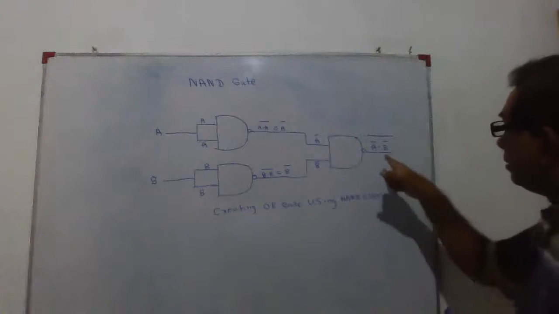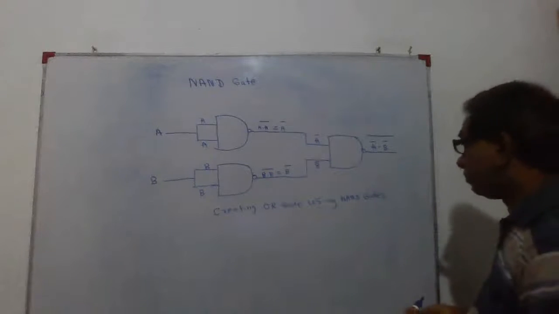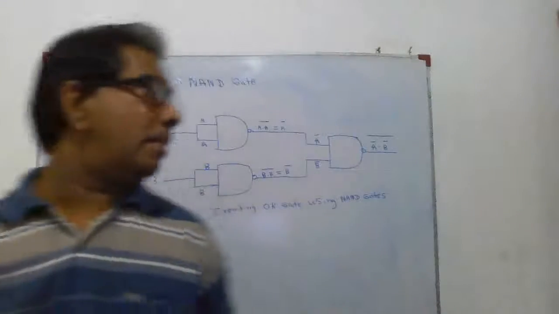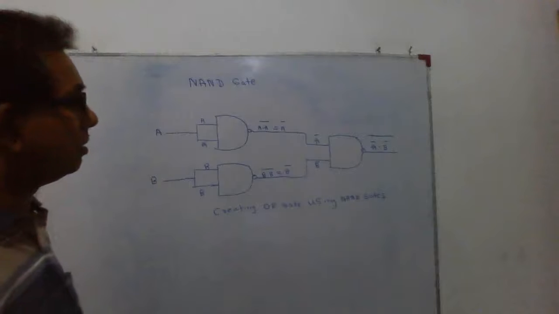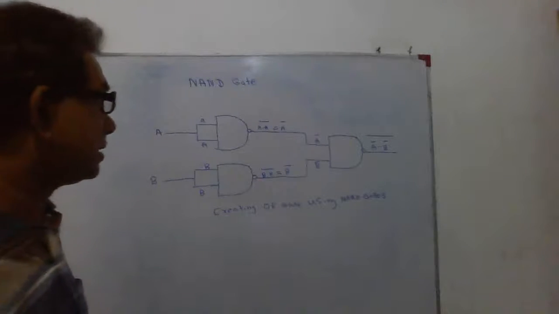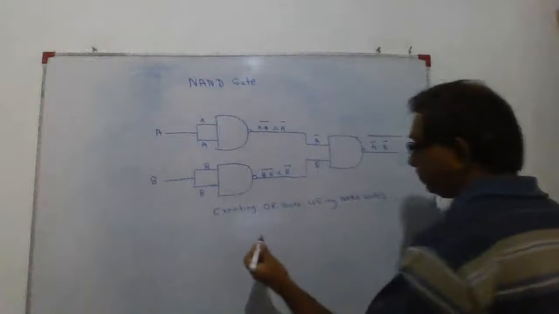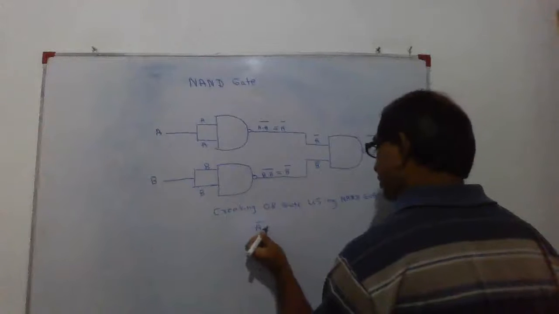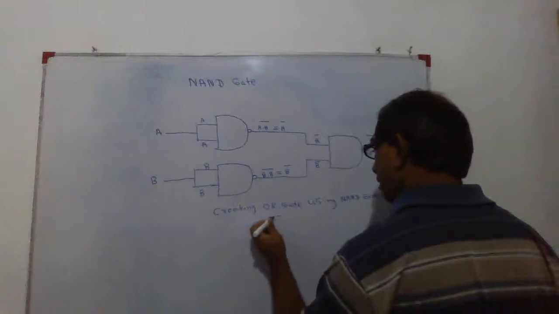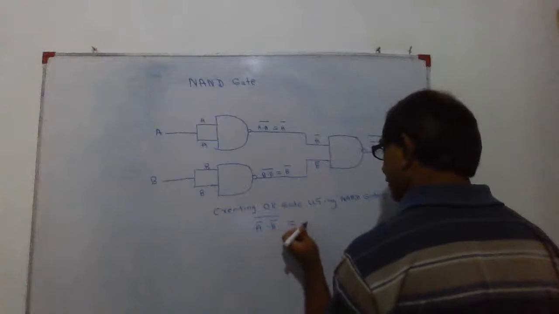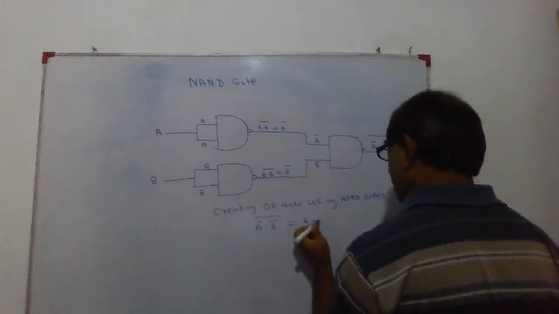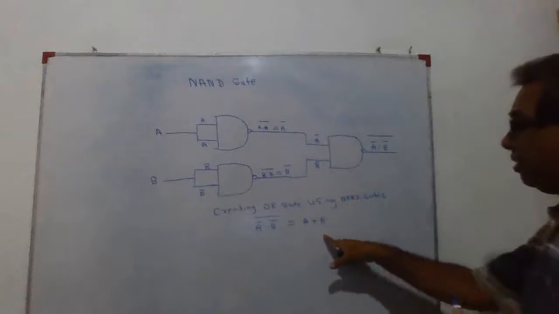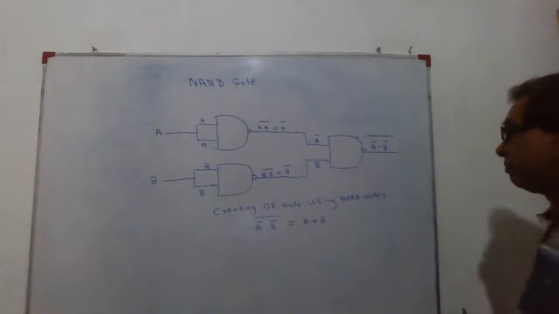If you put this into a truth table, you can prove something like this. You can say A bar and B bar, full dash, is equivalent to A OR B. If it is true, you can understand this is the OR gate.